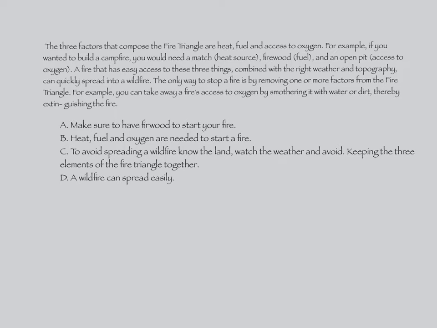Now, let's take a look at choice C. To avoid spreading a wildfire, know the land, watch the weather, and avoid keeping the three elements of the fire triangle together. Now, this to me is my strongest conclusion. It does talk about my topic sentence up here, which are the three elements of the fire triangle.